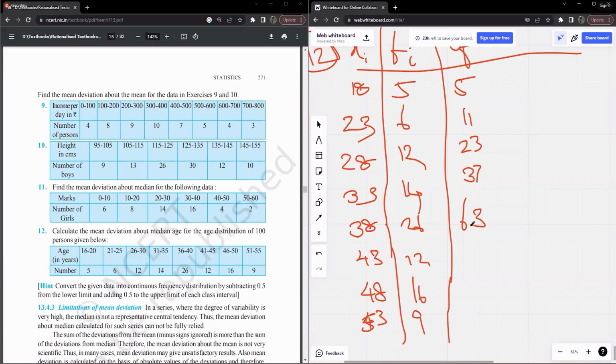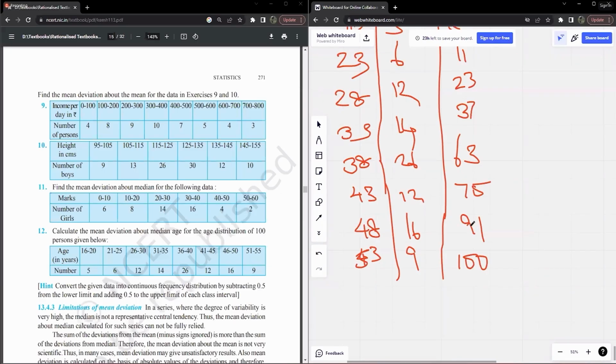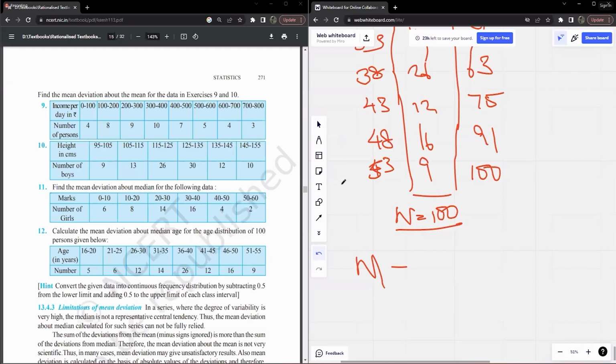With that, we go to the median calculation. Remember that your median is basically calculated from the class where n by 2 falls. n by 2 is 50, and the 50th observation falls inside this class. This is the median class.